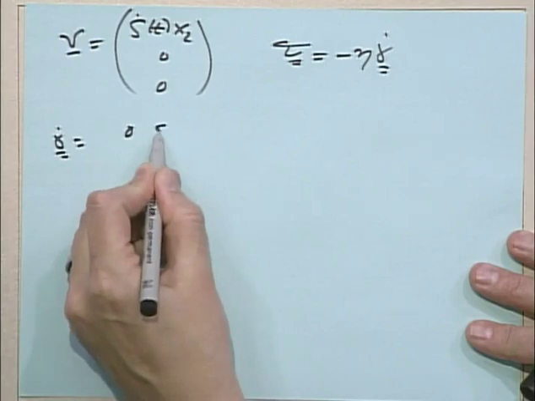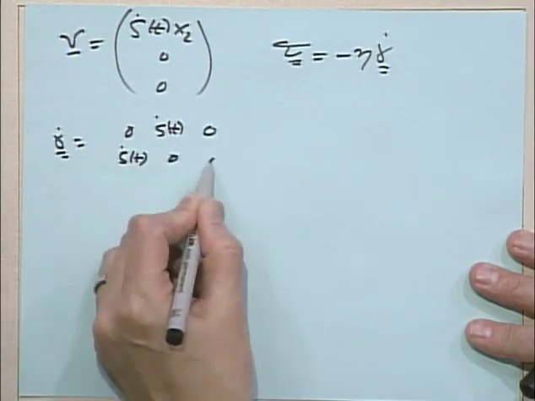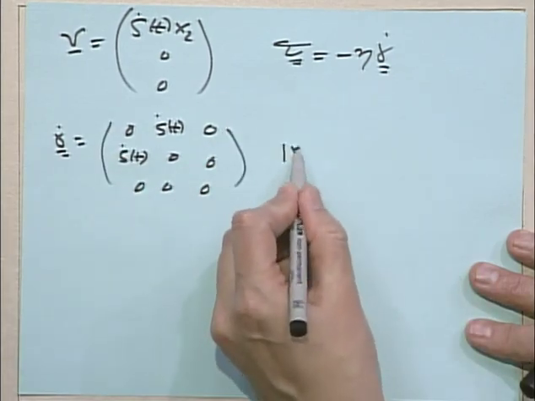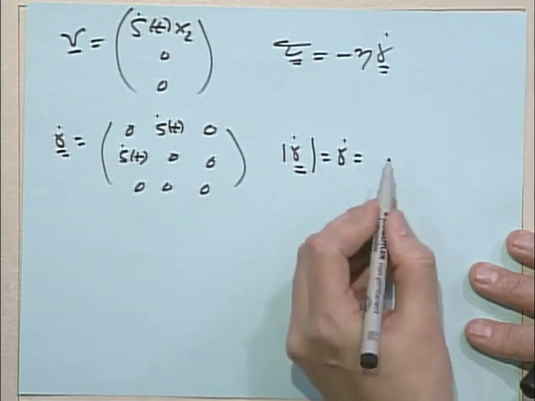If we leave the eta in there for now, we can proceed further until we have to do something different. So the gamma dot tensor is 0, sigma dot of t, 0, sigma dot of t, 0, 0, 0. And so what's the magnitude of gamma dot? Sigma dot of t.